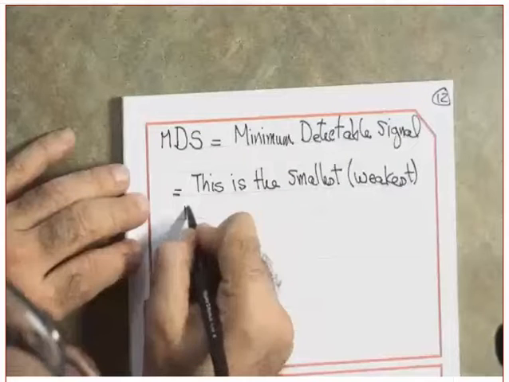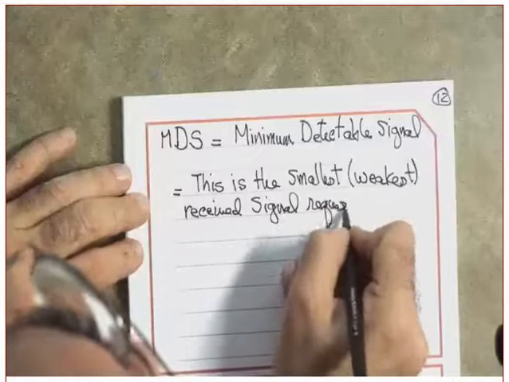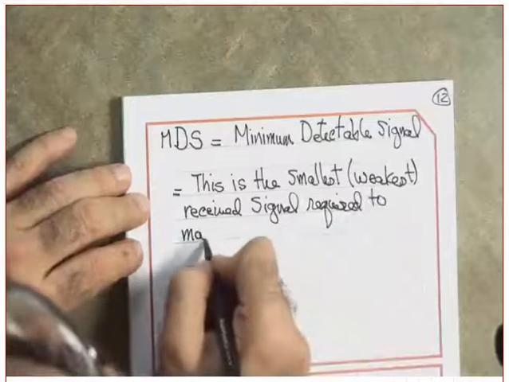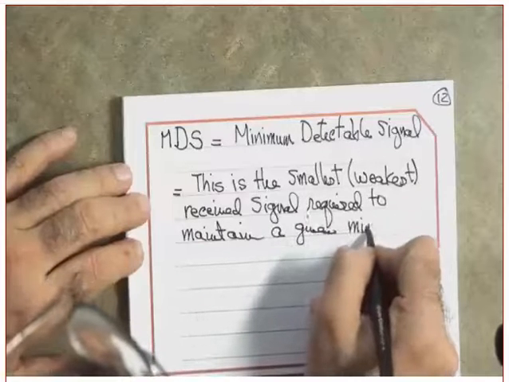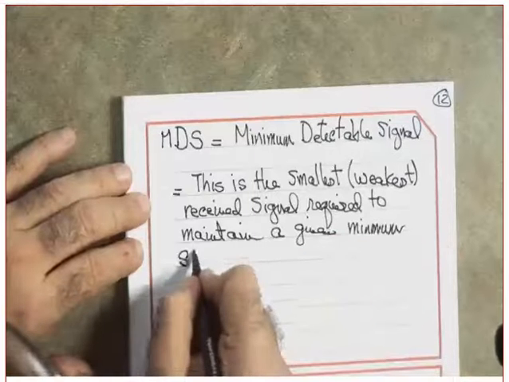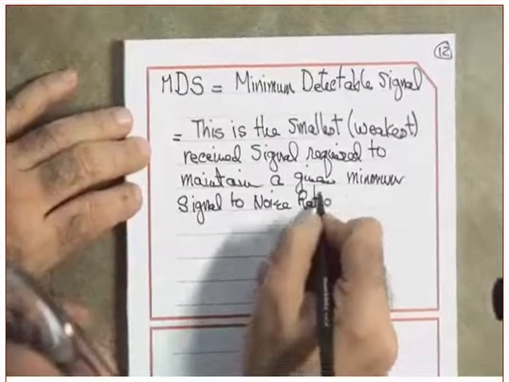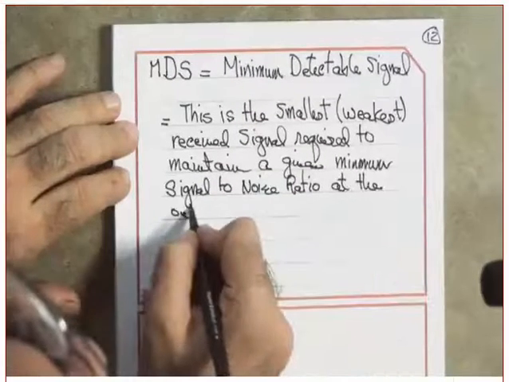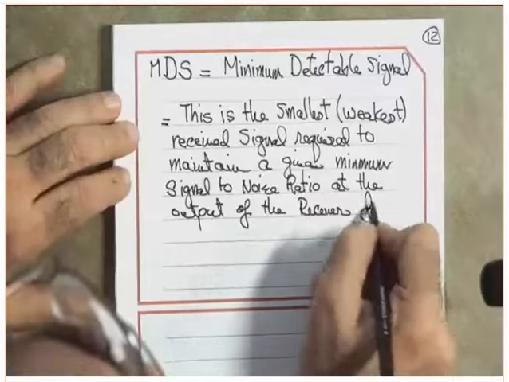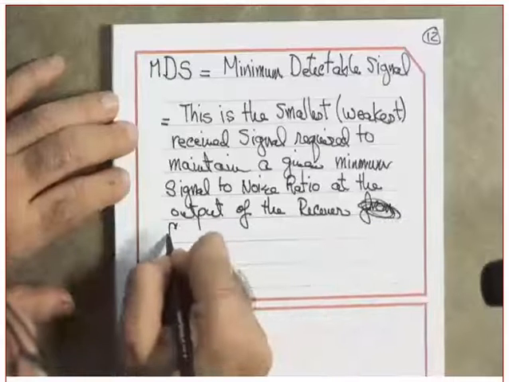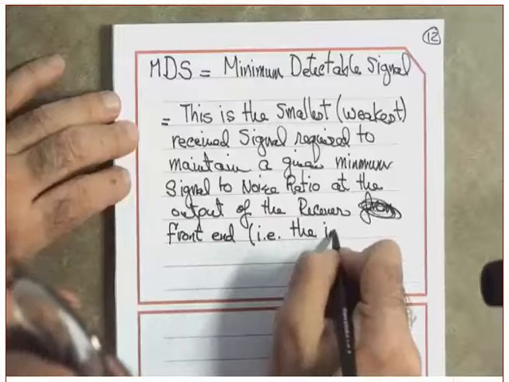The weakest received signal required to maintain a given minimum signal to noise ratio at the output of the receiver front end, i.e. the input to who?